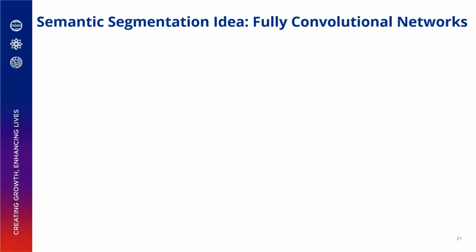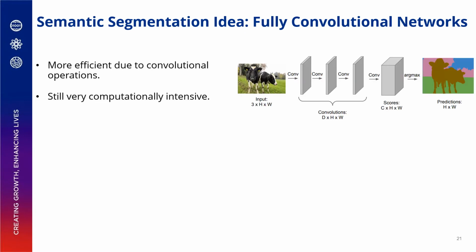Now we want to make it more efficient and more accurate, and use local consistency, global consistency, and so on. There are a lot of areas where we can improve our basic idea of segmentation. The first thing you could do is run fully convolutional networks.